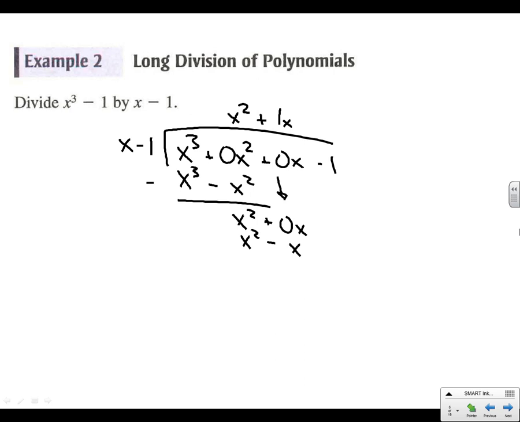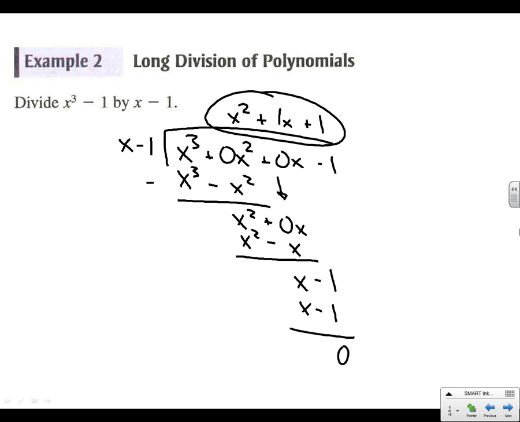Minus your negative, and you're going to get positive x, and bring down your minus 1, and x divided by x is just 1. You'll end up with x minus 1 here, and no remainder at all. And so x squared plus x plus 1 is what you should end up with when you divide x cubed minus 1 by x minus 1. All right?